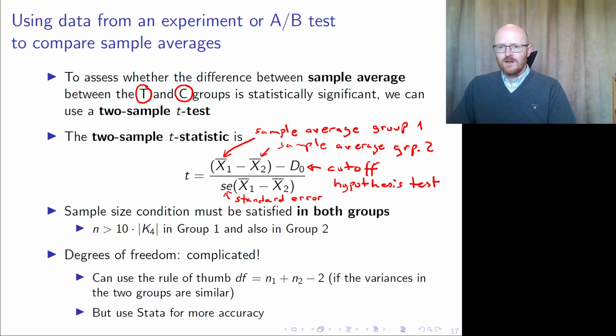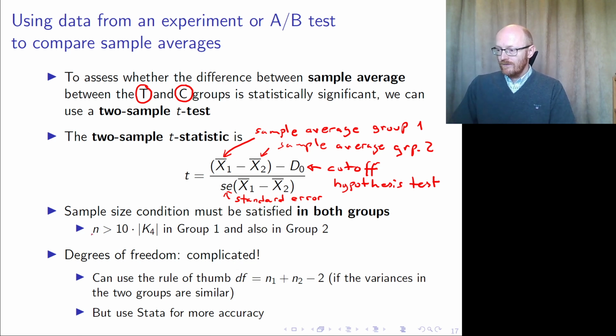So this is the standard error of the difference in means. What do you have to check? Well, you have to check if the sample size is large enough, and you have to test both groups, group 1 and 2.